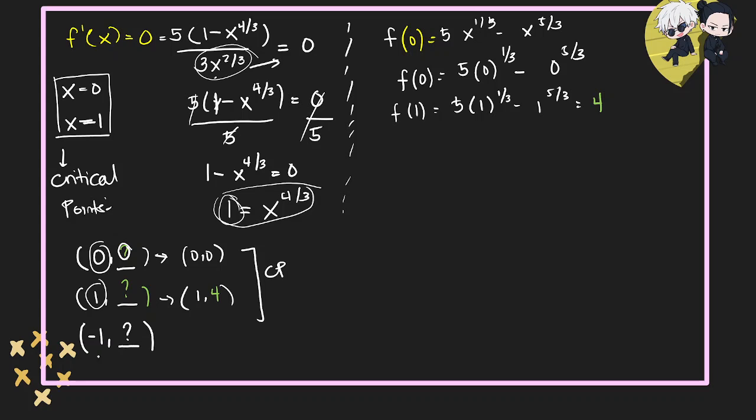Okay? So, hanapin pa natin yung isang critical point by substituting this negative 1 to the original function. F of negative 1, 5 multiplied sa negative 1 raised to 1/3 minus negative 1 raised to 5/3. That's the answer.